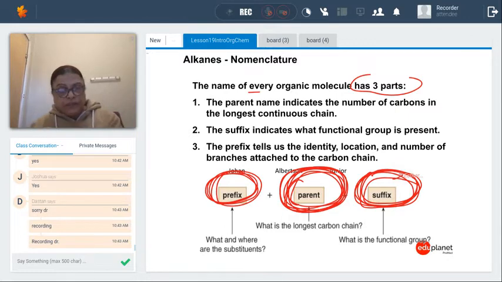So you know immediately what functional groups there are in a molecule, how long it is, and how branched it is. So instead of reading this, let's go and see in the field what is going on, because this can be quite confusing.